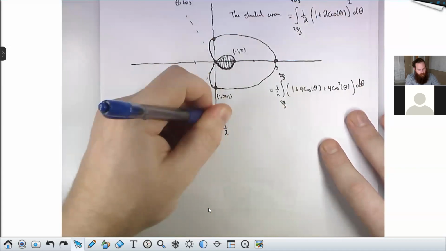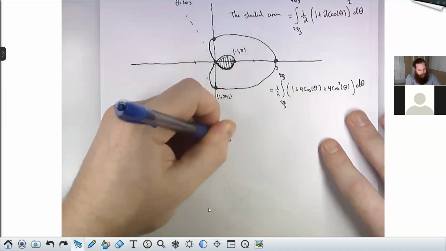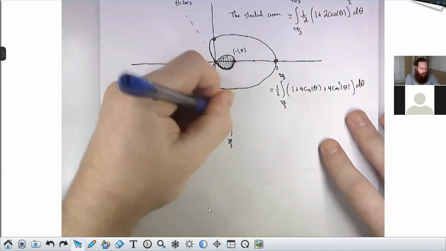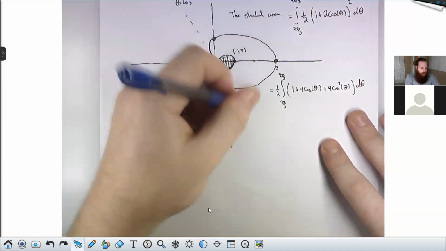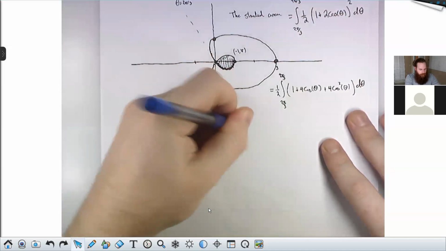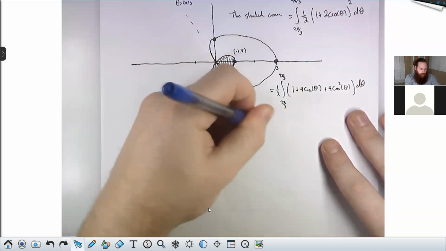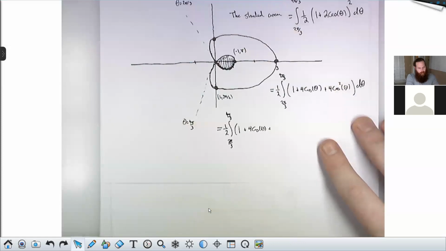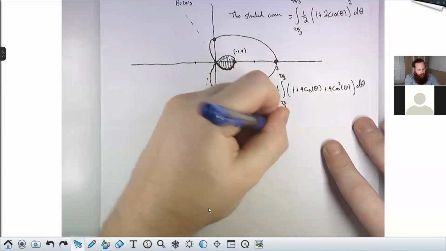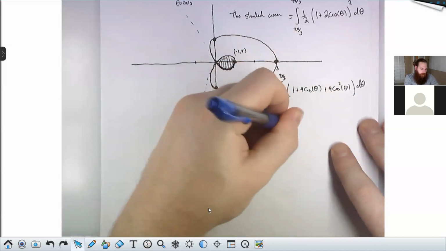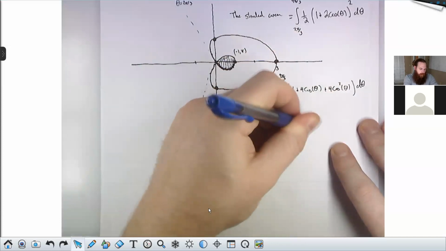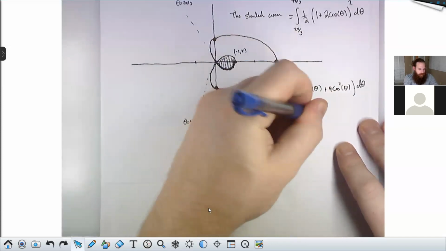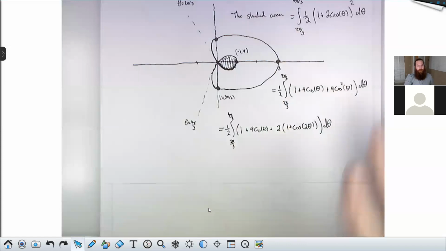I'll just go ahead and apply the trig identity. So this is 1 plus 4 cos theta plus, here I'm going to use the half angle or double angle thing again. Cos squared theta is 1/2 times parentheses 1 plus cos 2 theta. So that 4 will become a 2, and I'll have 1 plus cos 2 theta here.